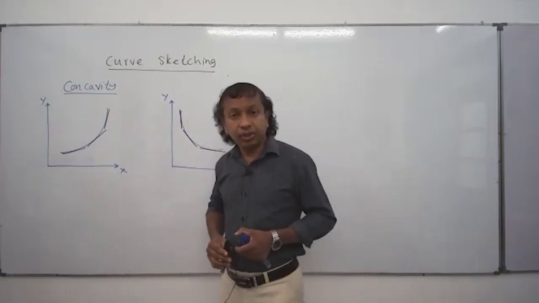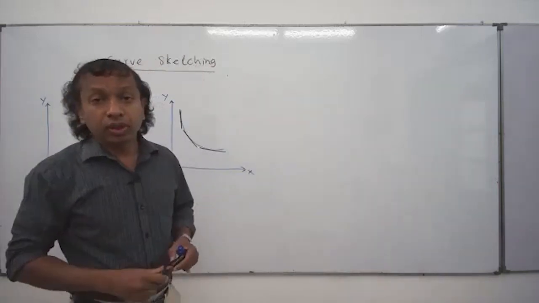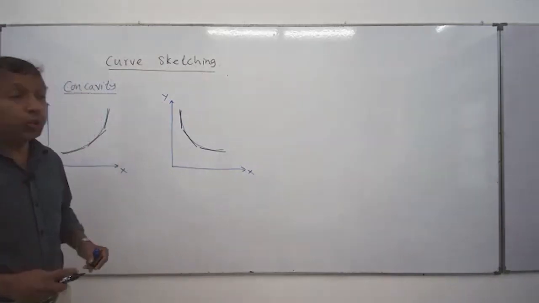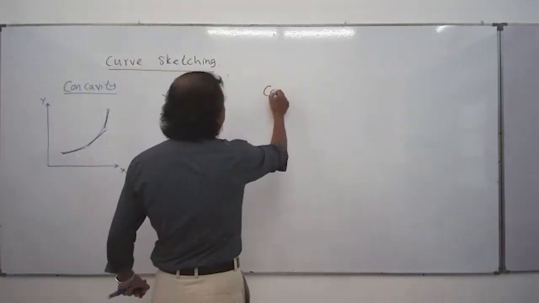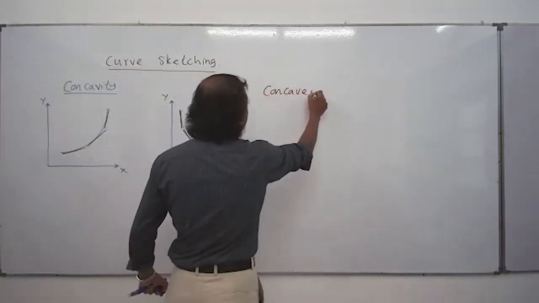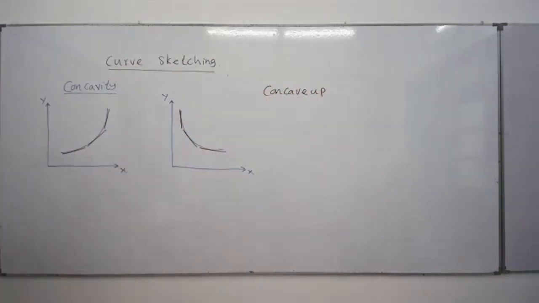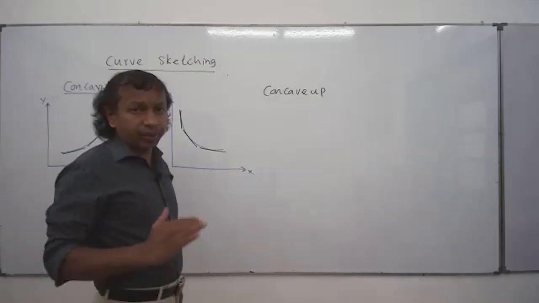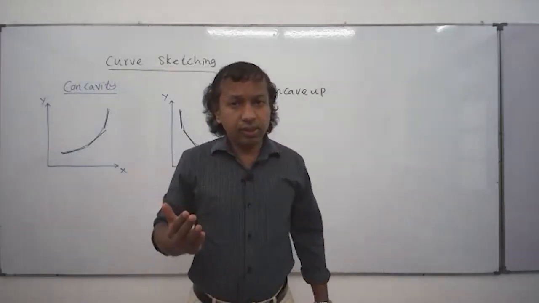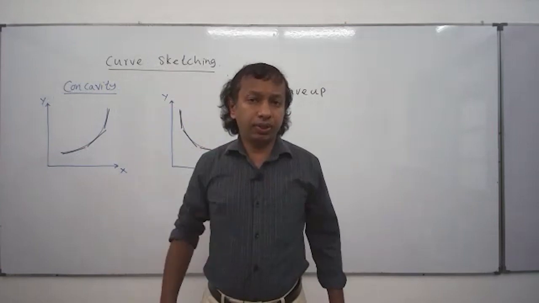Then such graphs are called graphs of concave up. Those graphs are called graphs of concave up. Concave up means the graph lies completely above the tangent.